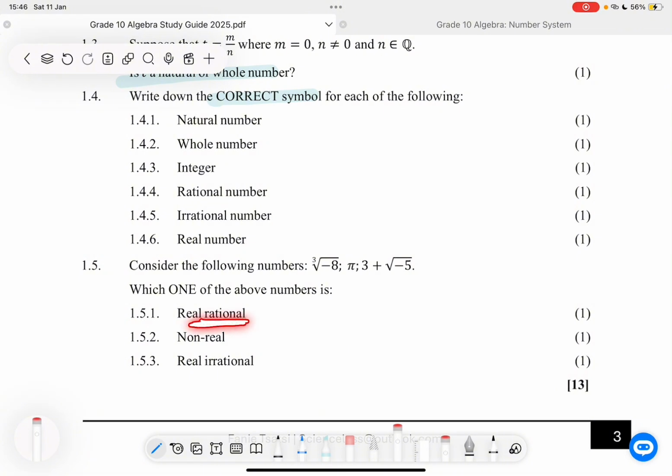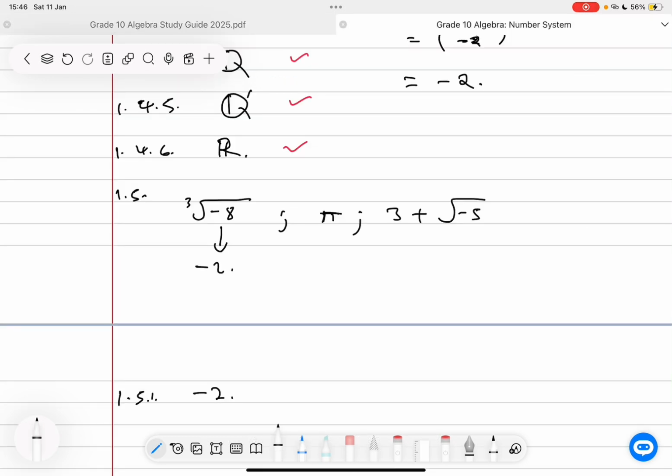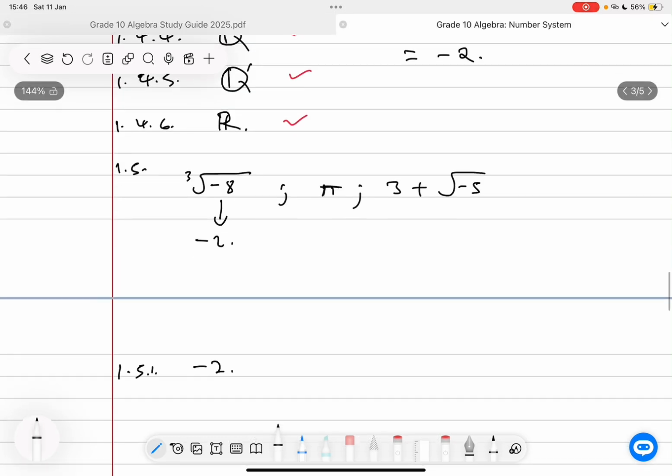So -2 is a rational number, because it's an integer, and integers are rational numbers. Remember that we can write this as a fraction, -2/1, which is a over b, where a and b are elements of the integers. These two are integers, so -2 is a rational number.